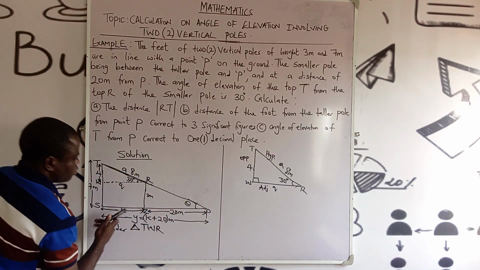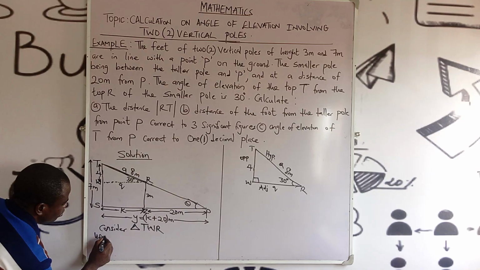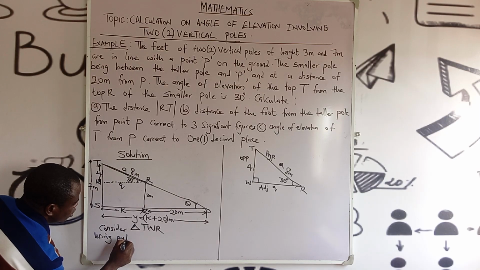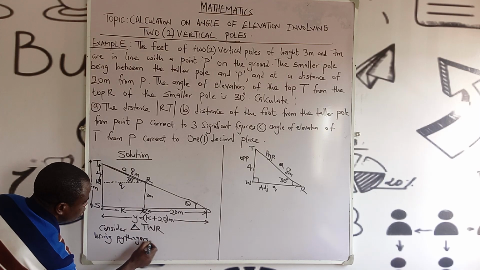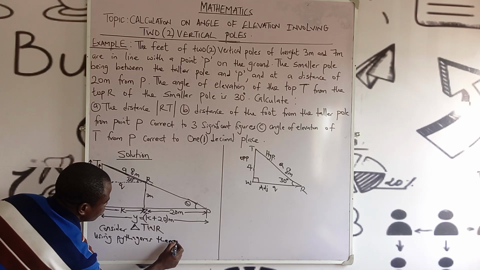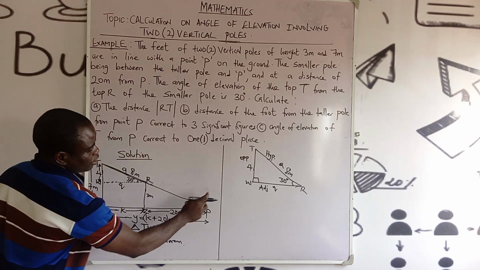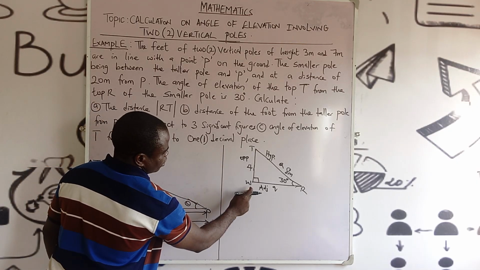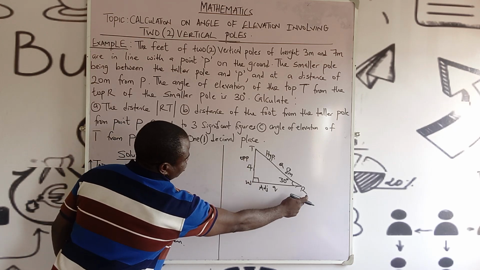Now using Pythagoras theorem, we have line TR squared.